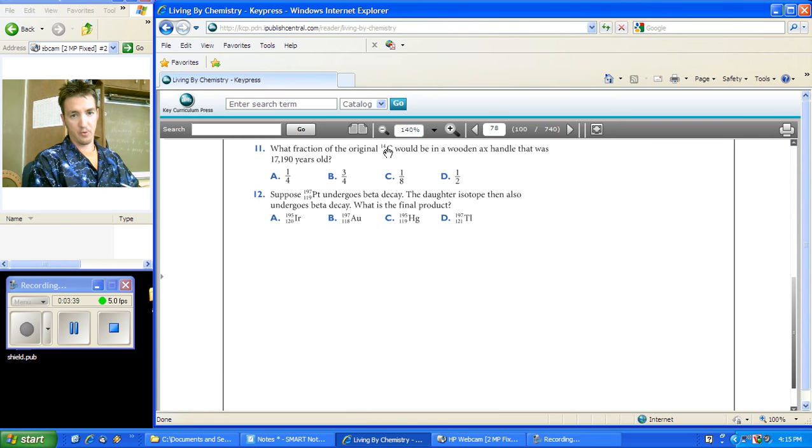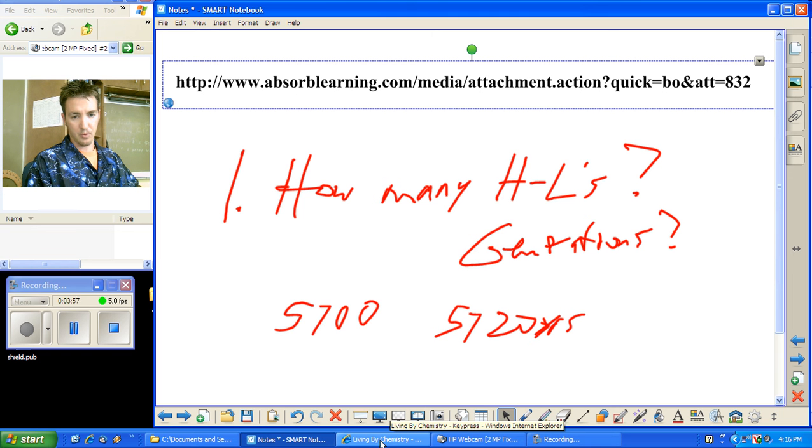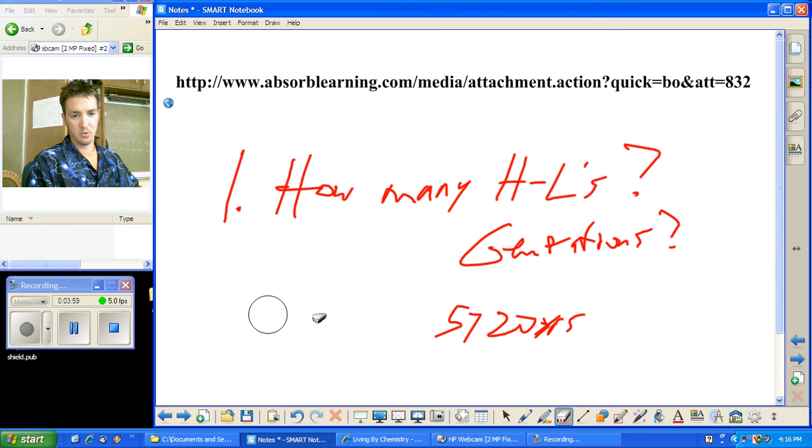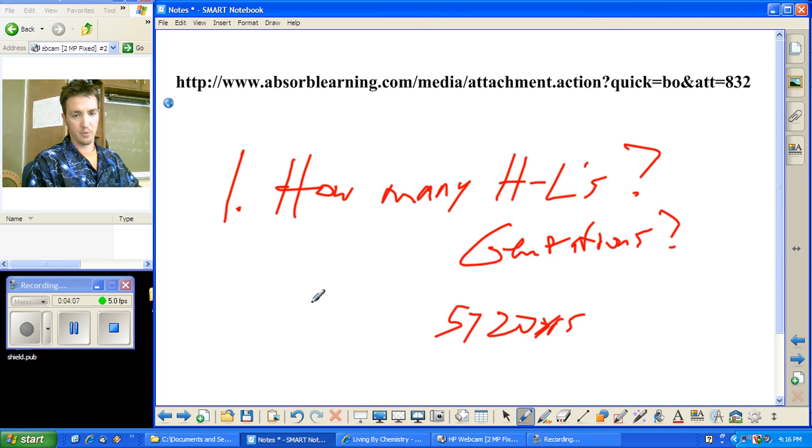If we're working with carbon-14, we know the half-life of carbon-14 is about 5,700. I think we've been using 5,720 years. But either way, you need to figure out how many half-lives. So if they say it is 17,190 years old, you have to figure out how many half-lives.